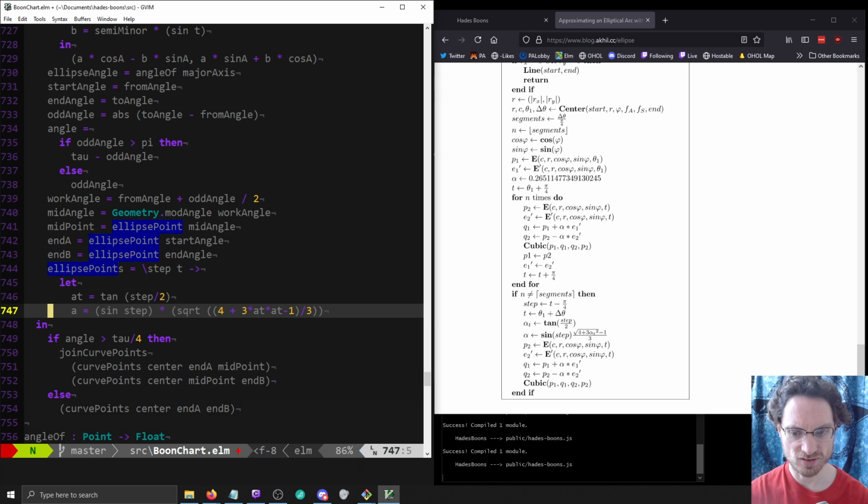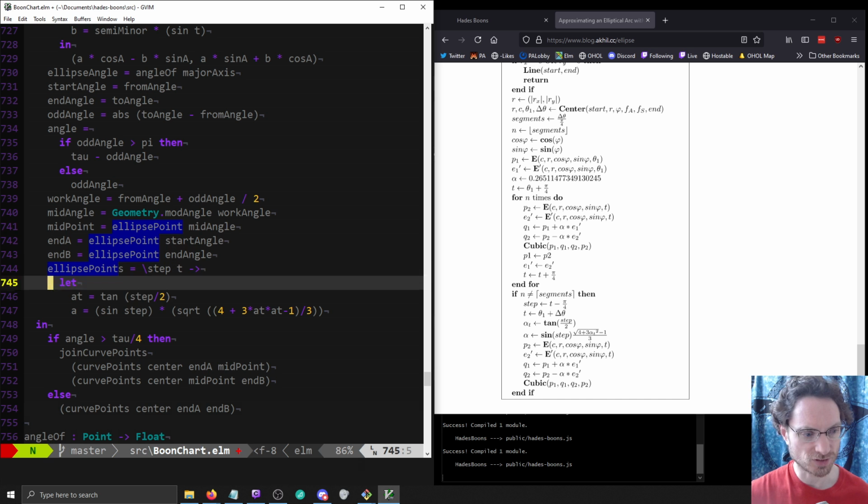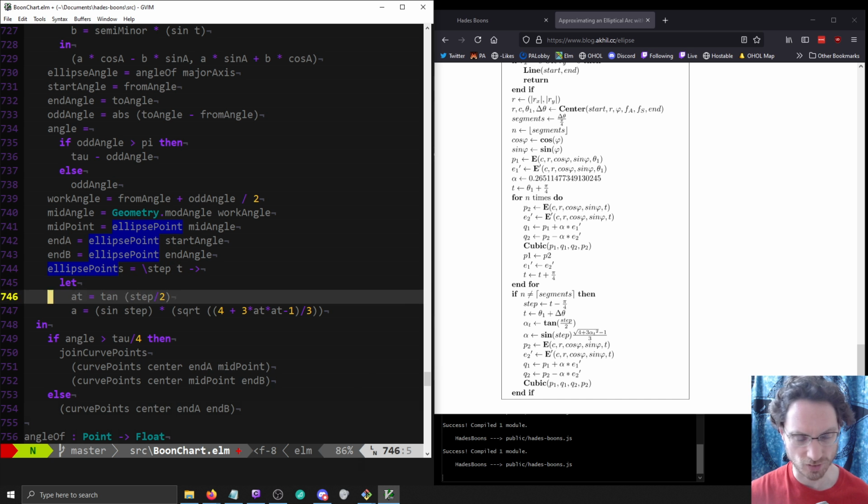All right, so that's the step. Oh, we've already calculated the... Well, I guess if I just took these as angles, then the points are easy to calculate, right?